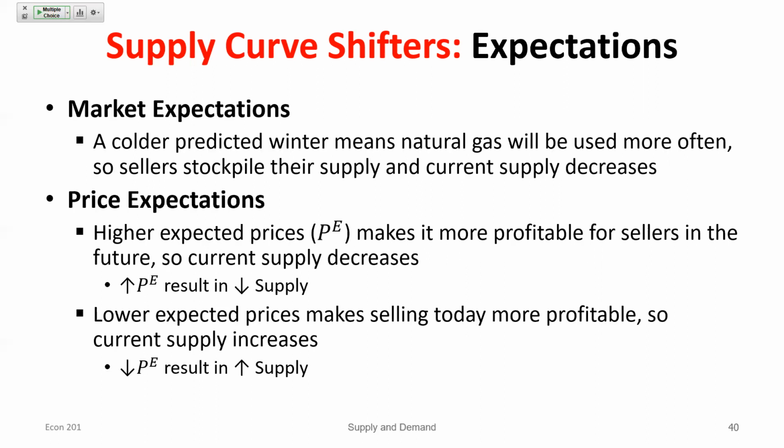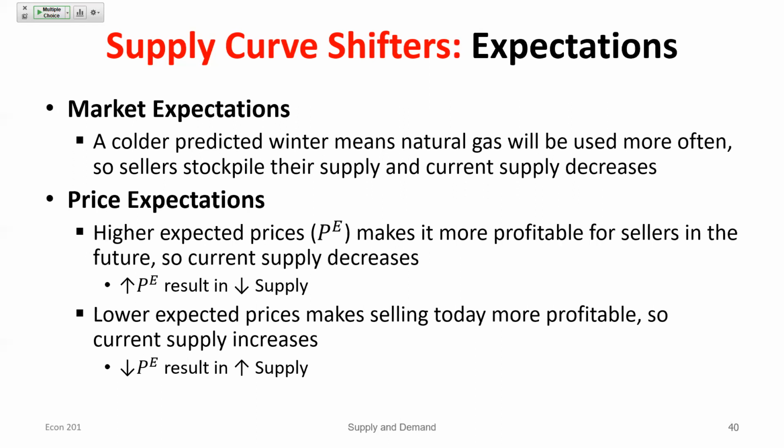Okay, so I've got expectations up here. We'll come back to the market expectations. This one's like, once we do the price ones, I think we'll do it easier. So let's say we've got a market that we're interested in. And put quantity on the x-axis, price on the y-axis, and my supply curve, which reflects marginal costs.